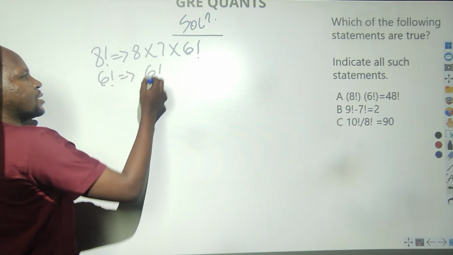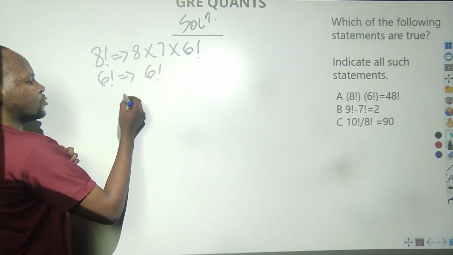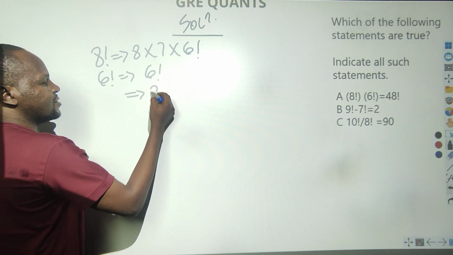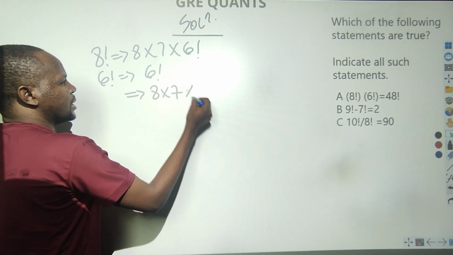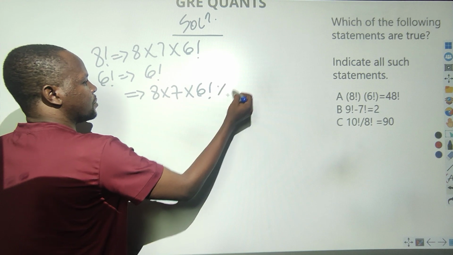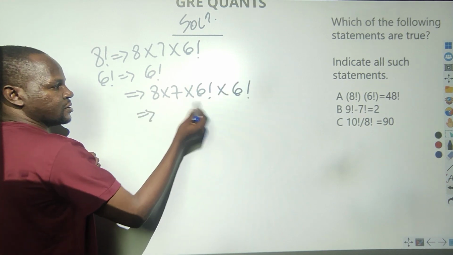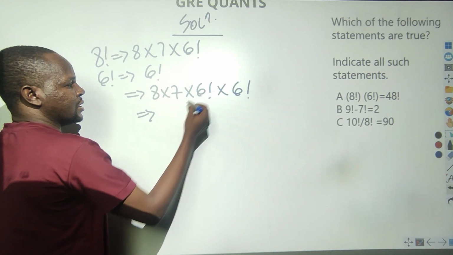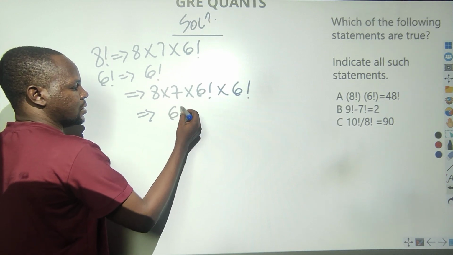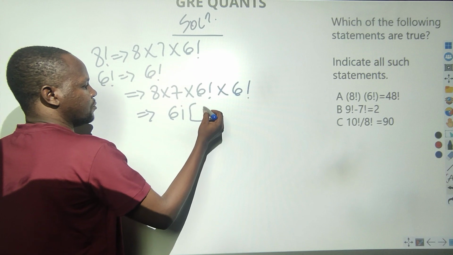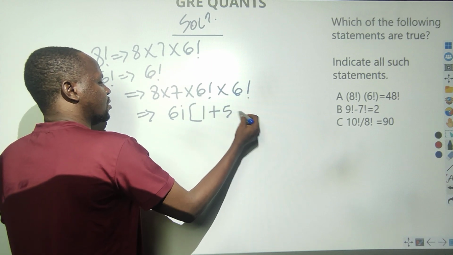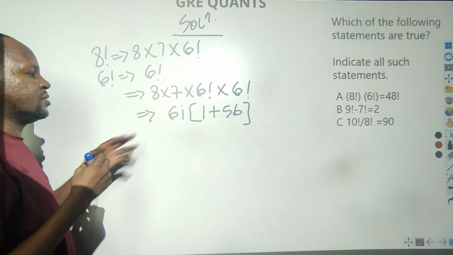So if we say we are multiplying these together, it's like saying 8 times 7 times 6 factorial multiplied by 6 factorial. So what's 8 times 7? That's 56. What is common? 6 factorial is common. In brackets, you have 1 plus 56. So this is 6 factorial.